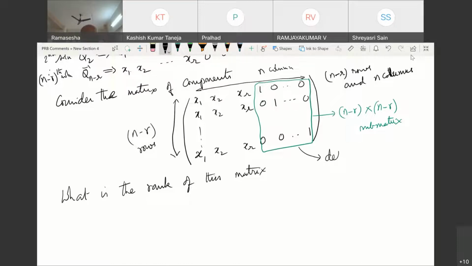What is the determinant of a diagonal matrix? It's just the product of the diagonal elements. So this has determinant equal to 1, which means the vectors in R are linearly independent.